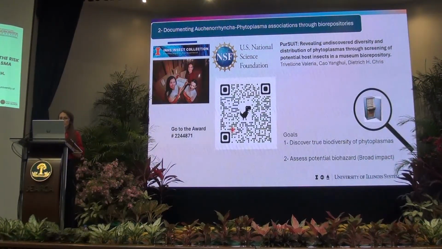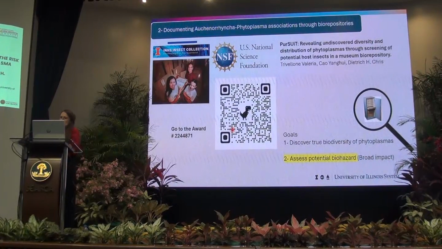We are revealing and discovering the diversity of phytoplasmas, but our point is to screen insects, specifically insects preserved in biorepositories. The main goal is to discover the true biodiversity of phytoplasmas, which we hypothesize to be underestimated, and then assess potential biohazard.